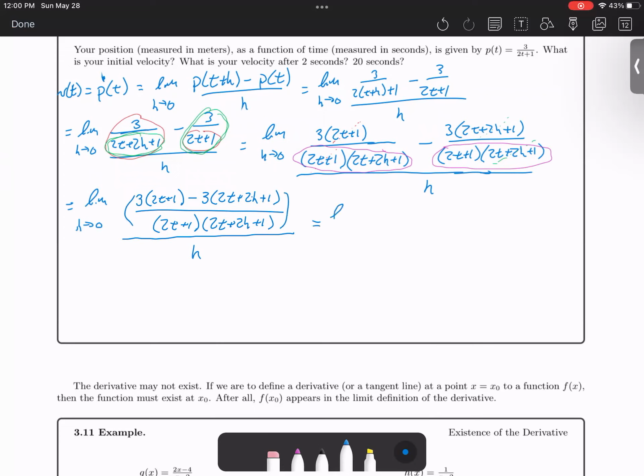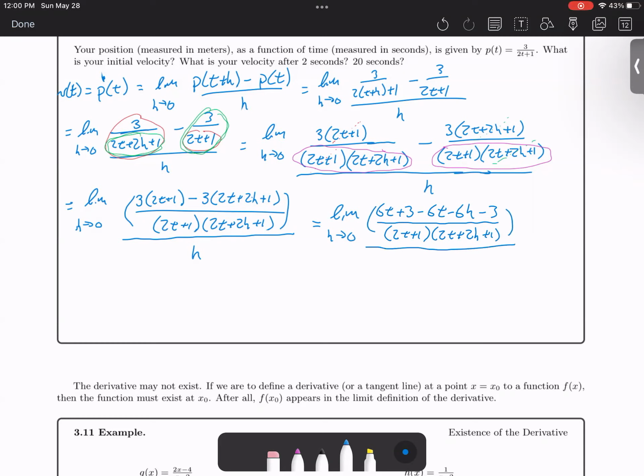Okay, let's simplify that numerator a little bit. I'm going to distribute the 3. You're left with a 6t plus a 3 minus a 6t minus 6h minus 3. Your denominator remains unchanged. And it's still sitting on top of that h there.